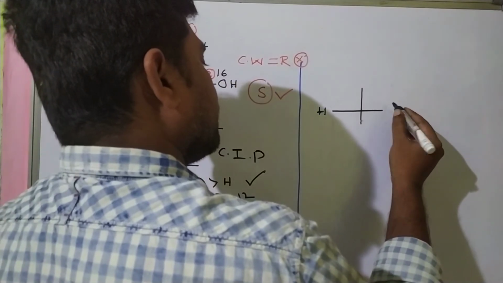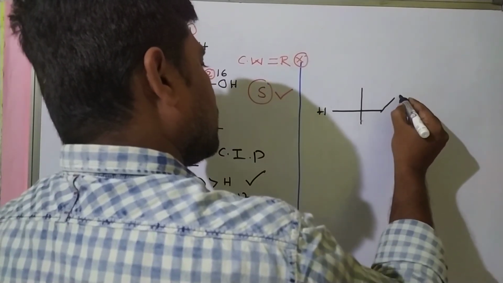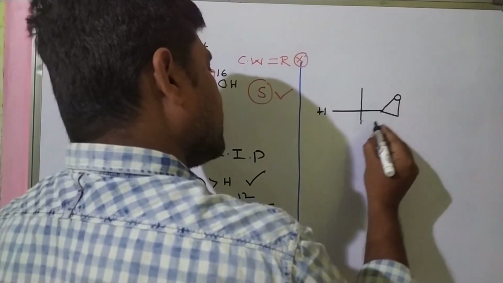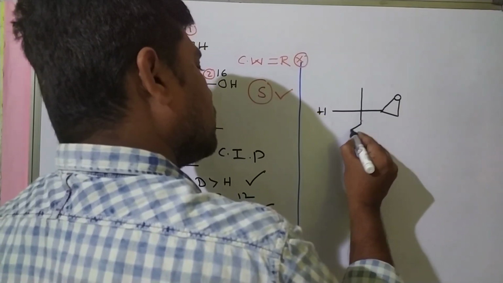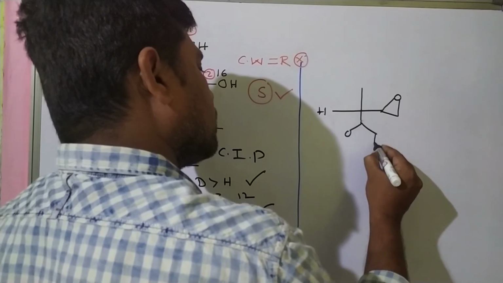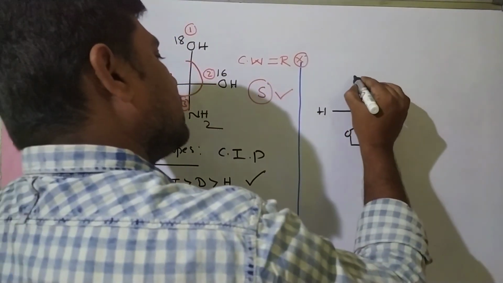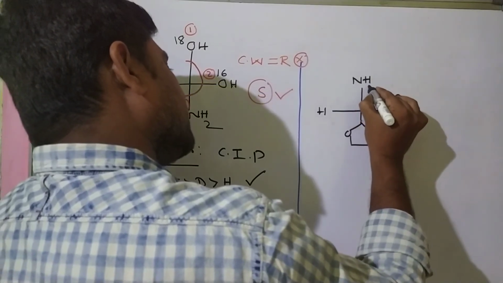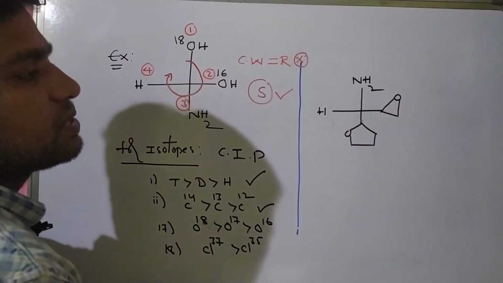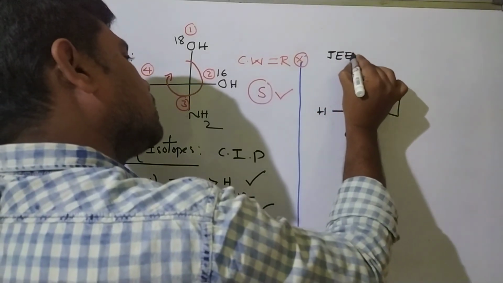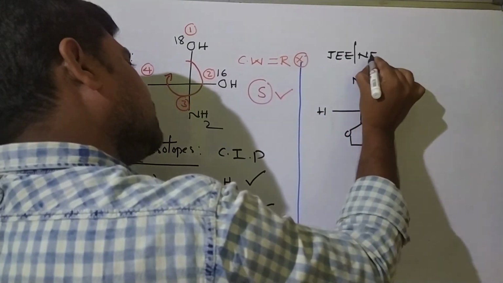Here some group is given. Here also one group is given. Here some NH2 group is given. Okay, students, this is very important for JEE Advanced and sometimes NEET also.